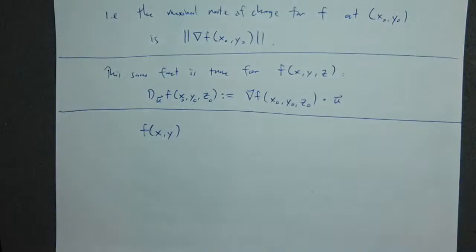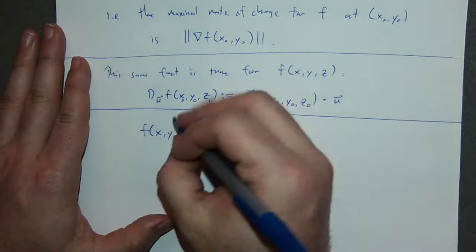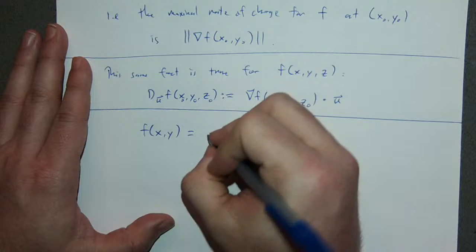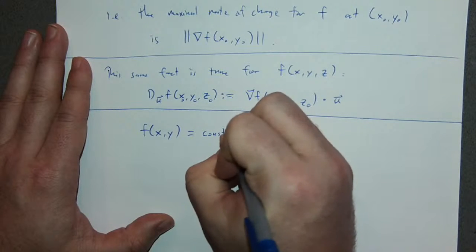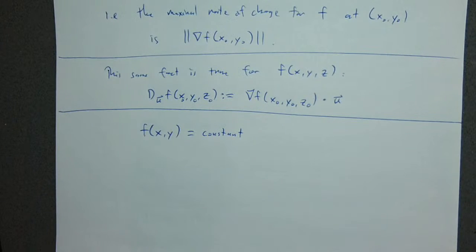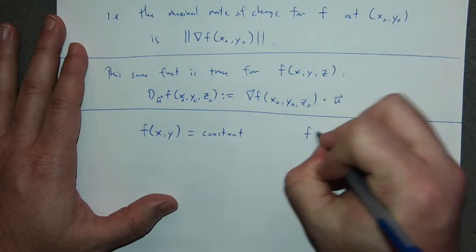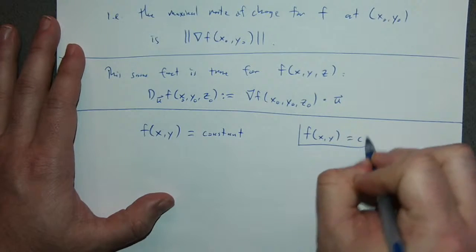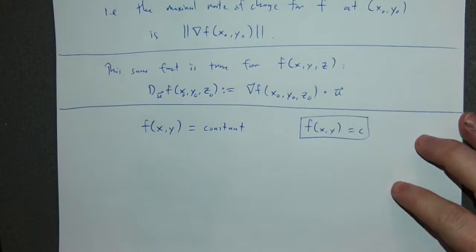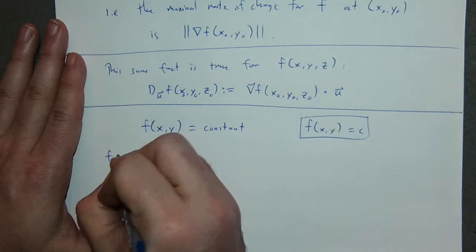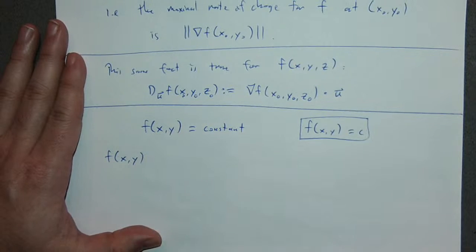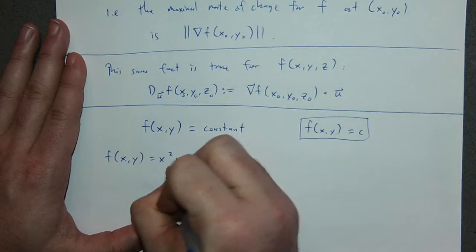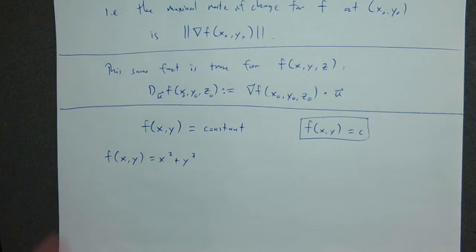All right, fine. But what does a plot indicating the following equation look like? f of x, y is equal to a constant. Or from now on, I'll just write f of x, y is equal to c. What does that look like? All right. So, for instance, if f of x, y is x squared plus y squared, what does the graph of that look like?